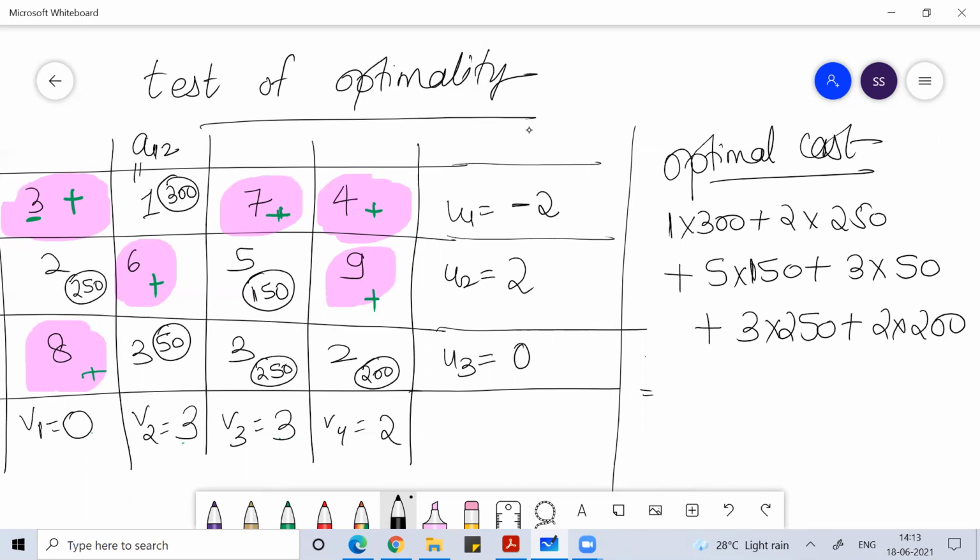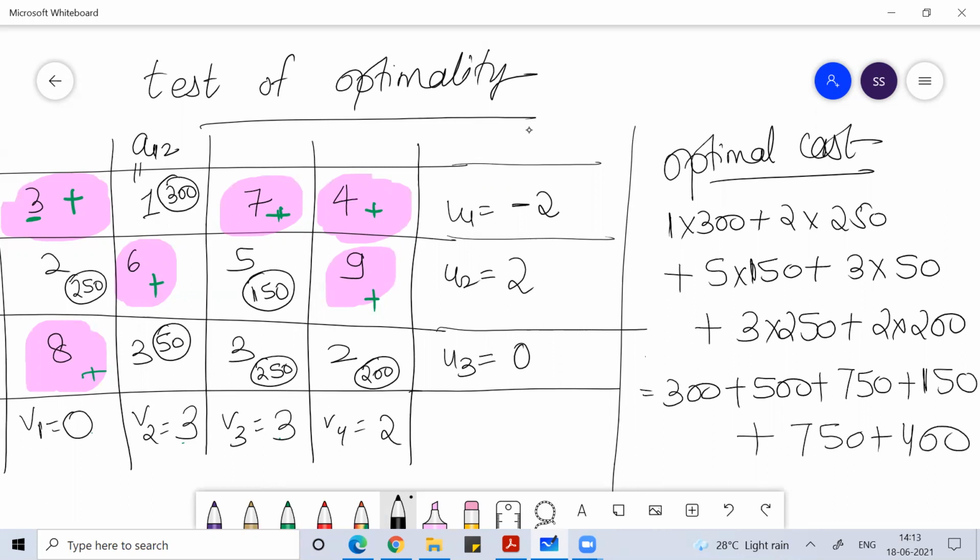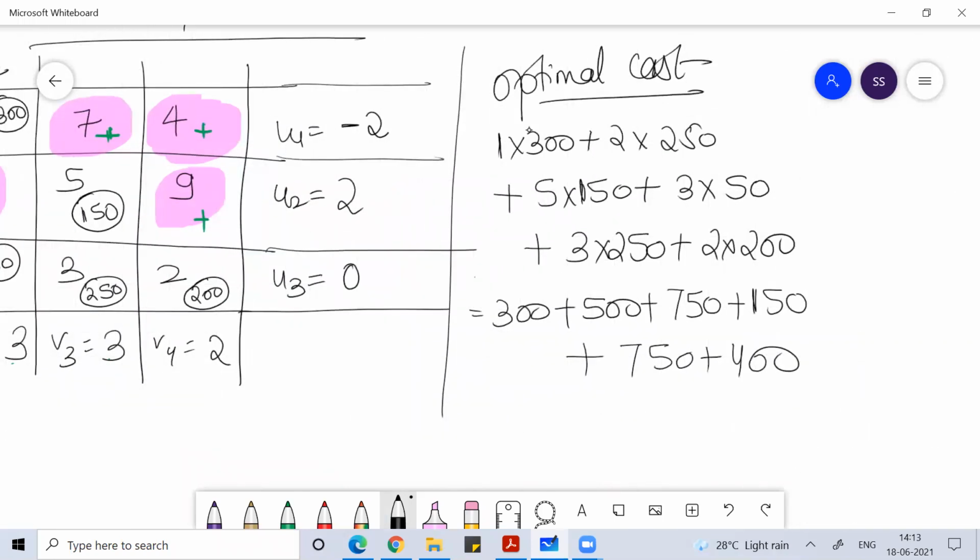Find the optimal cost. This is 300 plus 500 plus 150 into 5, 750, plus 150 plus 750 plus 400. So do the sum of this, guys, and you'll get the optimal cost.